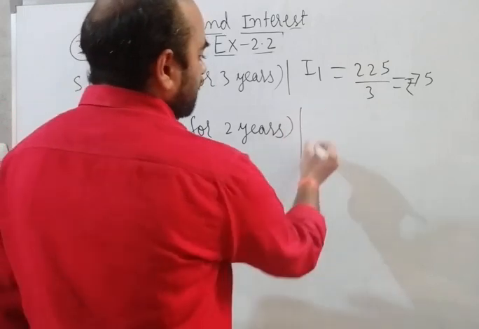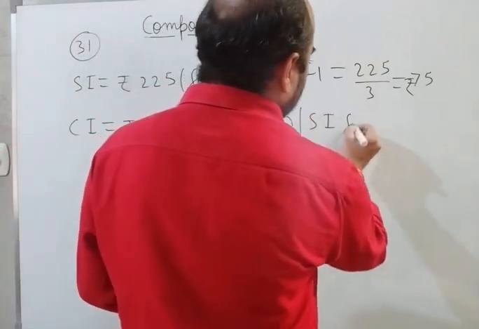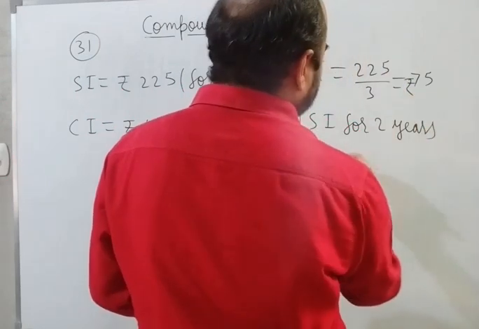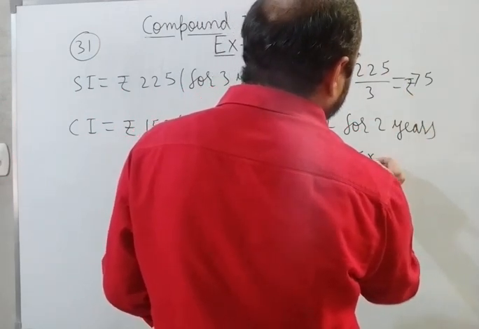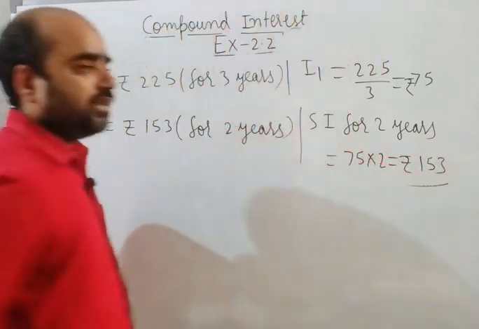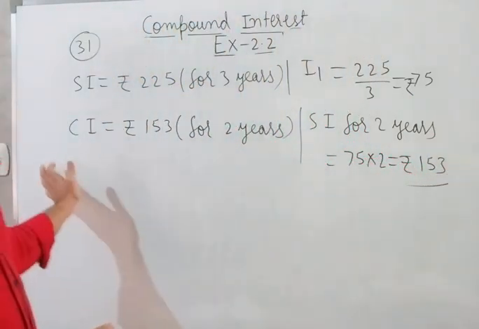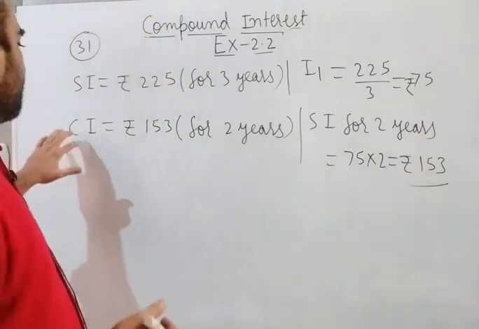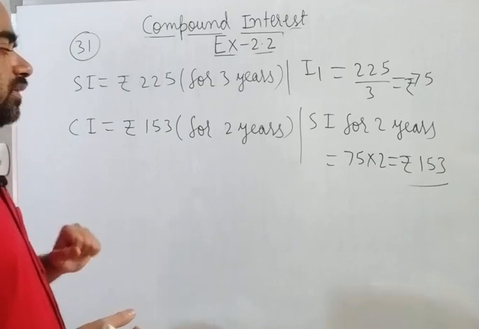What is the simple interest for 2 years? That will come 75 into 2, that is 150.